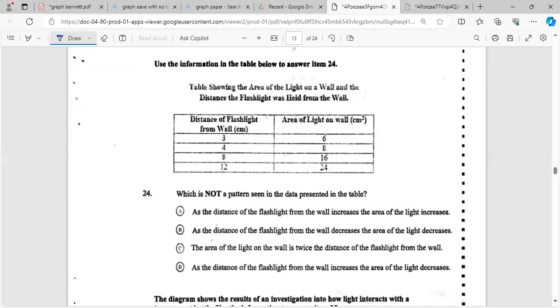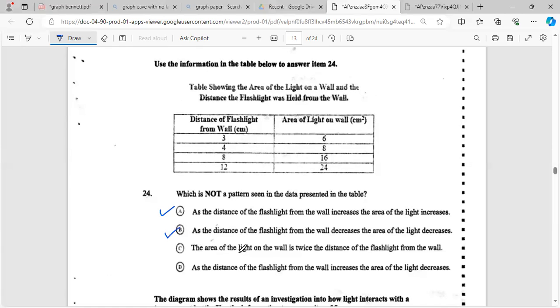So what is 24 saying? Which is not a pattern seen in the data presented in the table? So basically you're looking for the one that is false. As the distance of the flashlight from the wall increases, the area increases. That is true. As the distance of the flashlight from the wall decreases, the area of the light decreases. That is true.